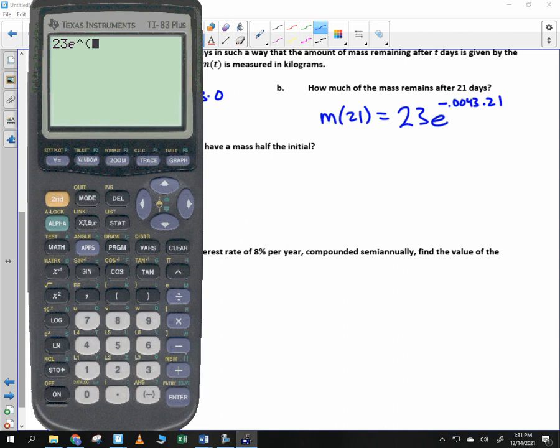That gives me e raised to that power, negative 0.0043 times 21. And I get 21.01. So at 21 days, it's about 21 kilograms. That's just by chance. You okay with that? So far, so good, right? Easy.